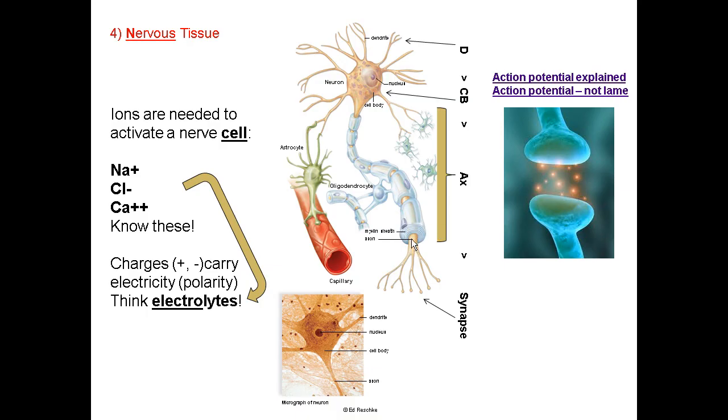Calcium moves in, and calcium's job once it comes in is to kick a neurotransmitter vesicle into the synapse so that the next nerve or the muscle or something else can be stimulated. And it's just a matter of keeping them straight and thinking through logically, why did the sodium come in? Why did the calcium come in? What did the calcium do that was different than the sodium? Know them in order. Another thing you can think about is sodium channel blockers.